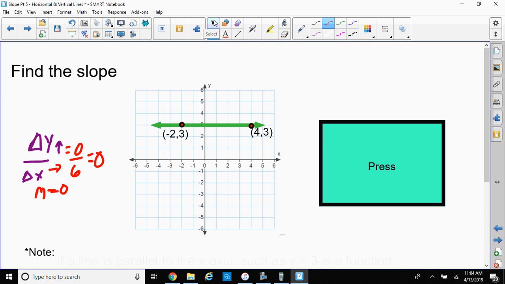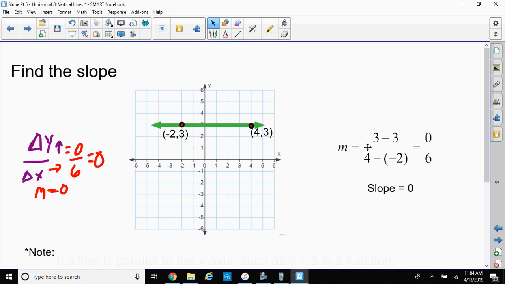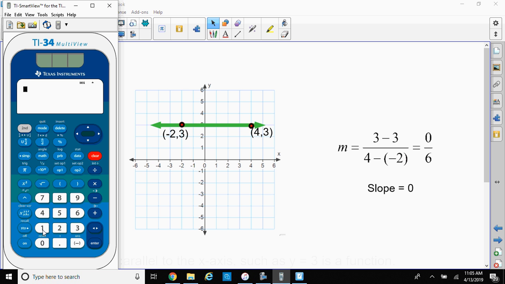So let's check that. By the way, you could use the slope formula, where you subtract the y coordinates. 3 minus 3, there's your y coordinates. That would give you 0. And then subtract the x coordinate values. 4 minus negative 2 would give you positive 6, and that slope again would be 0. Let me just get my calculator to show you. 0 divided by 6 equals 0.